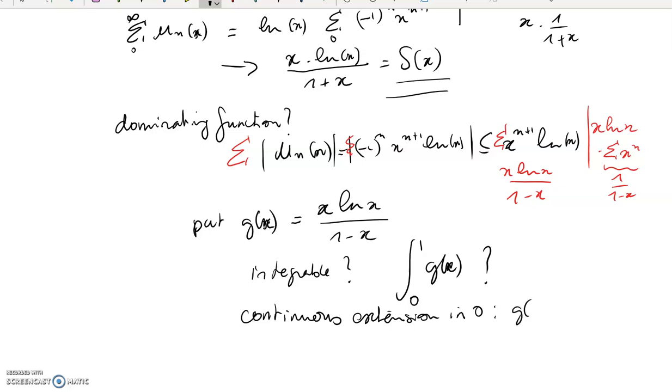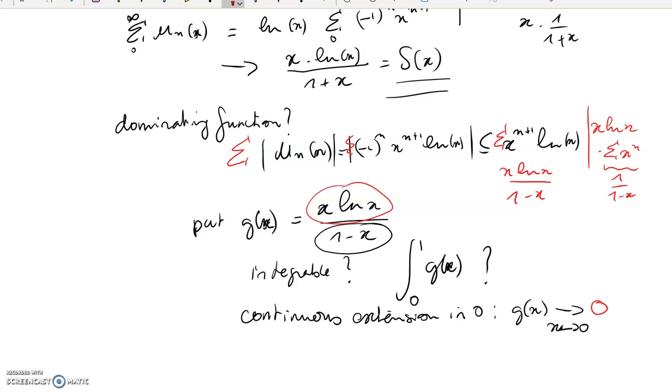Because g of x, as x tends to 0, well, the bottom just goes to 1 minus 0, which is just 1, and the limit of x ln of x as x tends to 0 is 0. That's one of the few limits that you have to know by heart, and knowing how to prove it is even better. So g of x tends to 0 as x tends to 0.